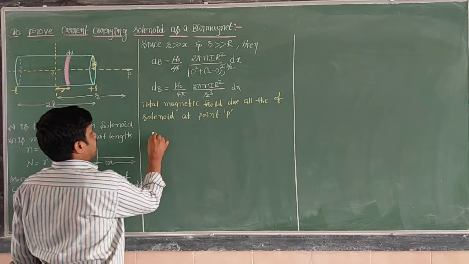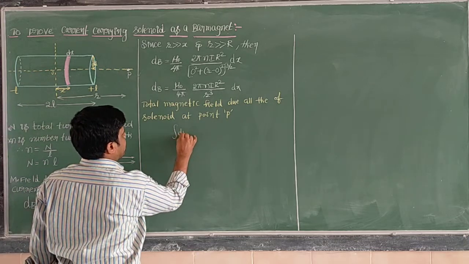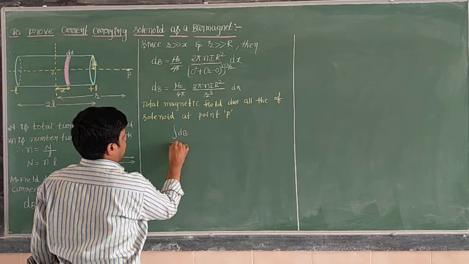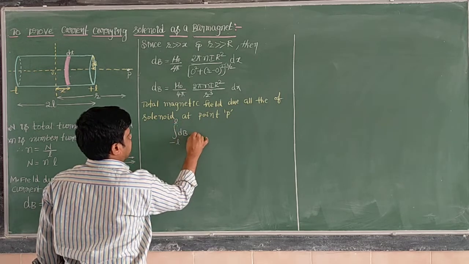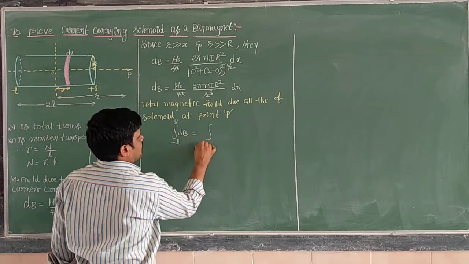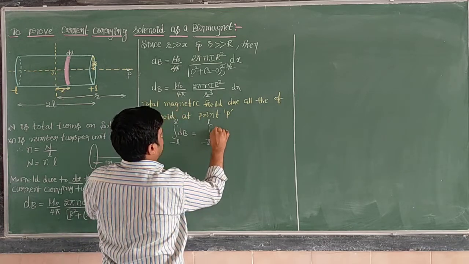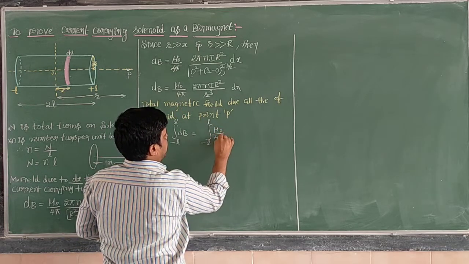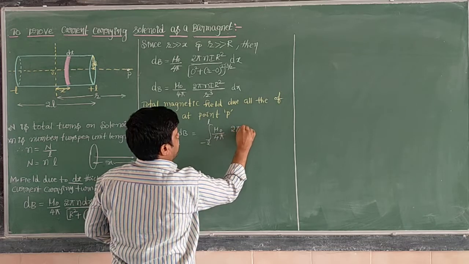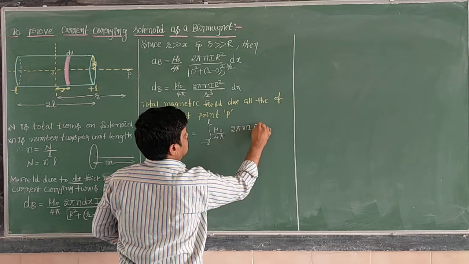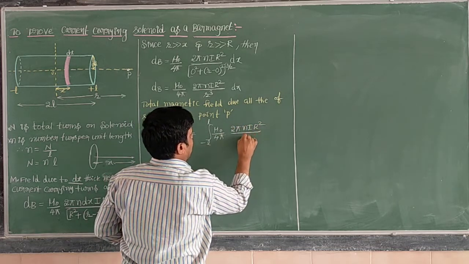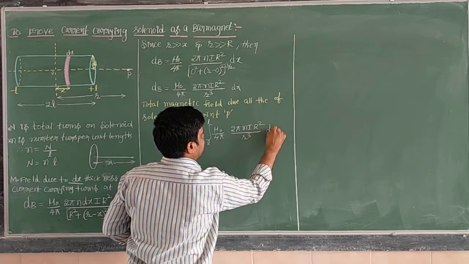So integral dB from minus L to plus L is equal to integral from minus L to plus L of the dB value, mu naught by 4 pi into 2 pi n I r square divided by r cube into dx.